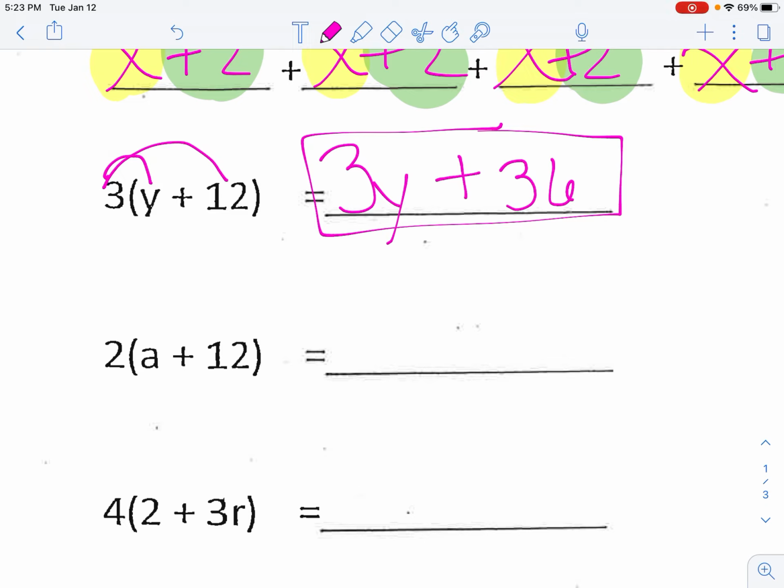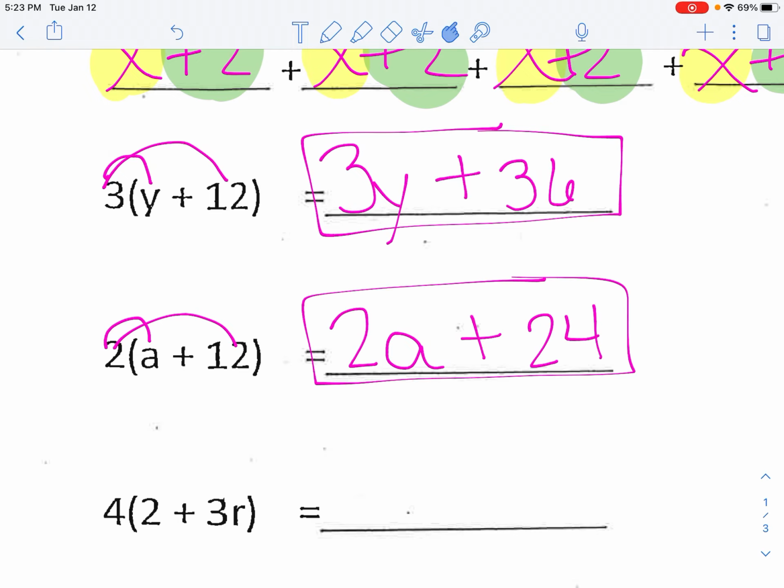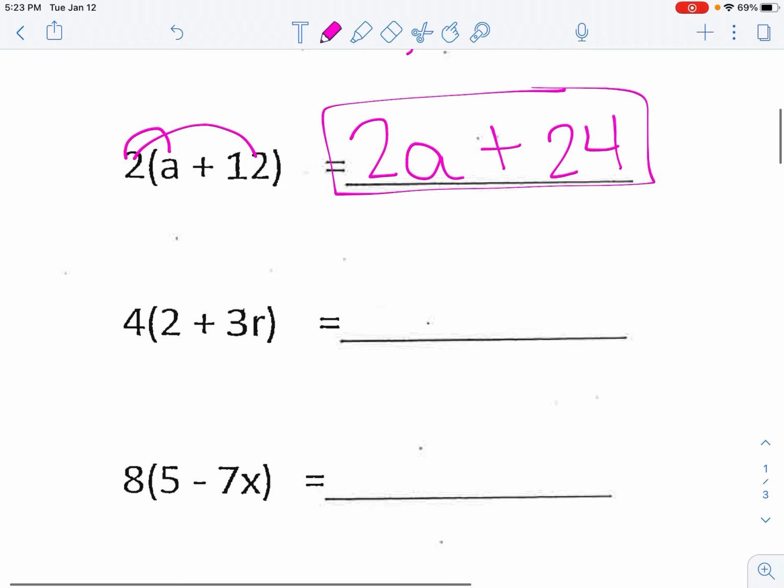2 times a plus 12. So we're going to multiply or distribute 2 to the a. 2 times a is 2a. And distribute the 2 to the 12. So 2 times 12 is 24. And that's our final answer on that one. 4 times 2 plus 3r. 4 times 2 is 8.